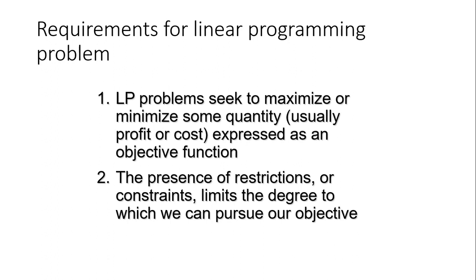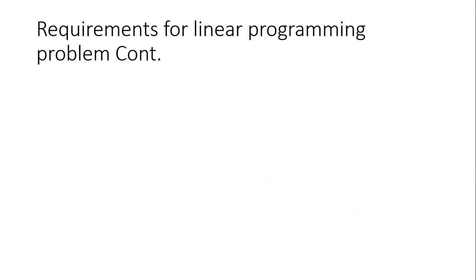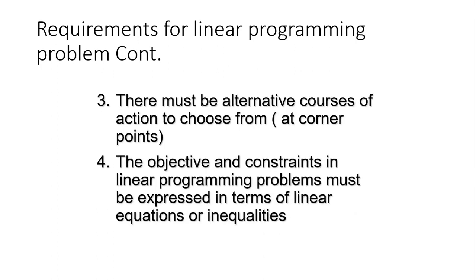Two, the presence of restrictions or constraints limits the degree to which we can pursue our objective. Three, there must be alternative courses of action to choose from, and this can be expressed at the corner points that we will study later.